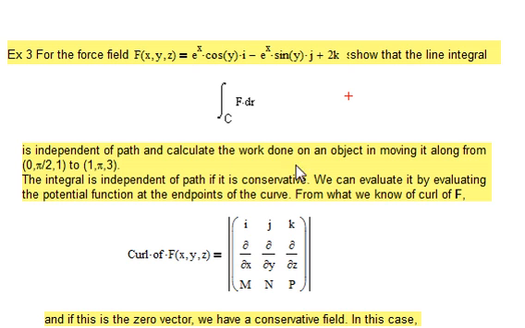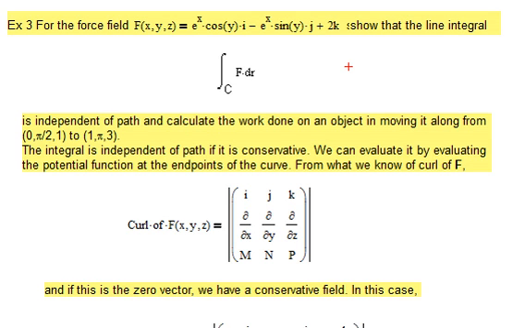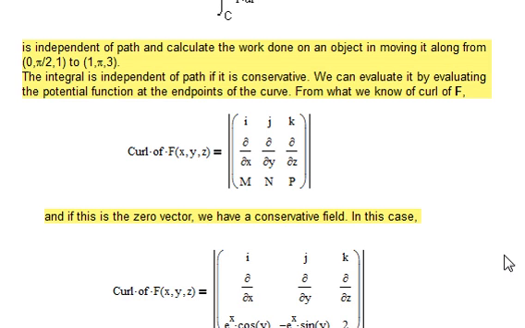Well, the integral is independent of its path if it's conservative, and we can evaluate that by seeing what I ask you to recall: conservative if the curl of f is 0. Well, the curl of f, here's our mnemonic device for calculating the curl of f.